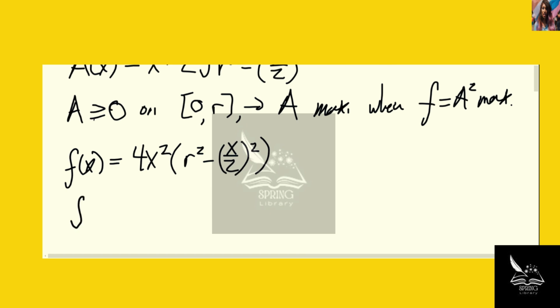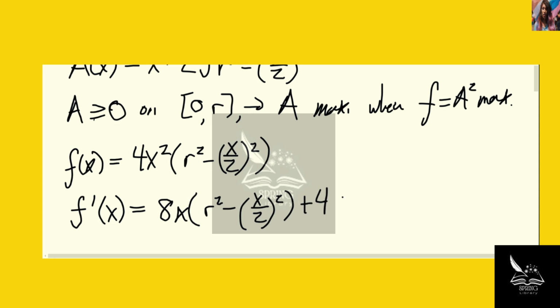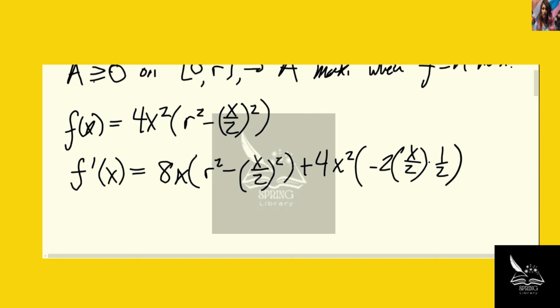Now, to find the maximum, f prime of x is, by the product rule, 2 times 4, 8x times (r squared minus (x/2) squared), plus 4x squared times the derivative of the second factor, which is negative 2x over 2 times 1/2. We're going to set this equal to 0 to find the critical values.